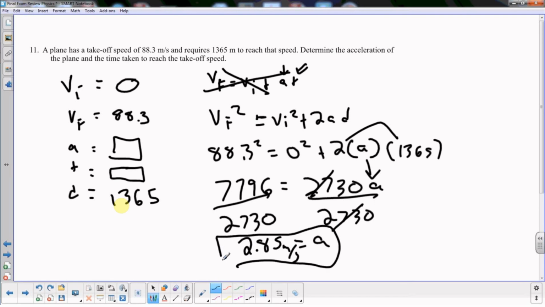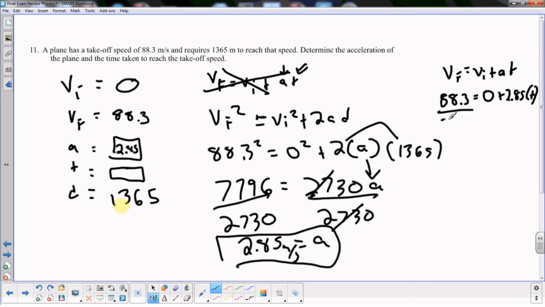And our time, we can go back to the old VF equals, sorry, my voice says one thing, the pen does something else. VF equals VI plus AT. So VF, 88.3 equals 0 plus 2.85 T. Solve for T. So divide both sides by 2.85.